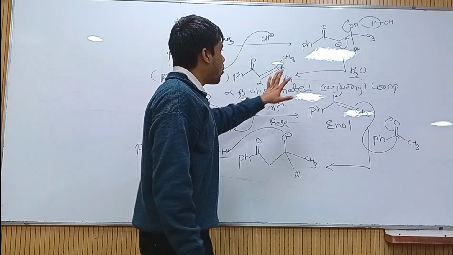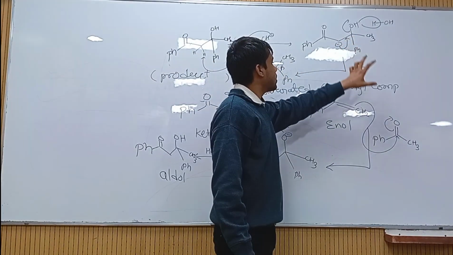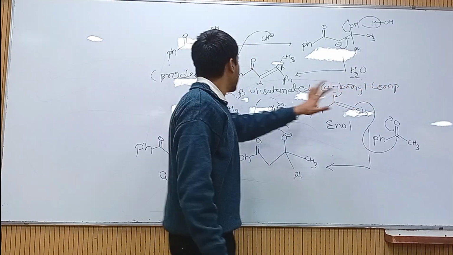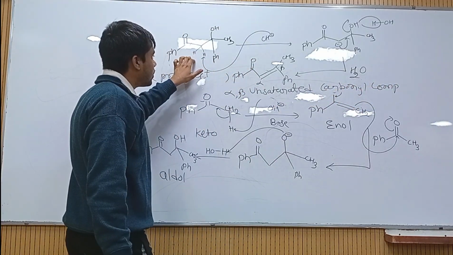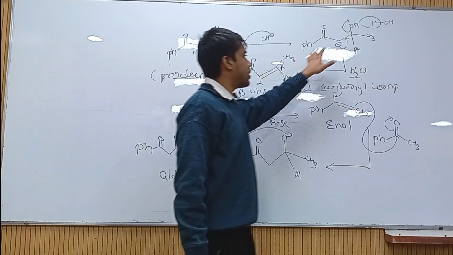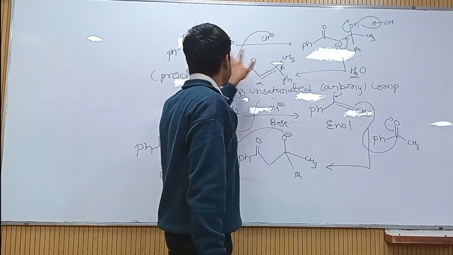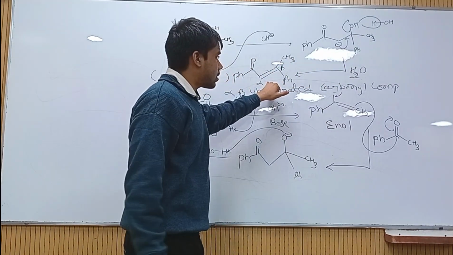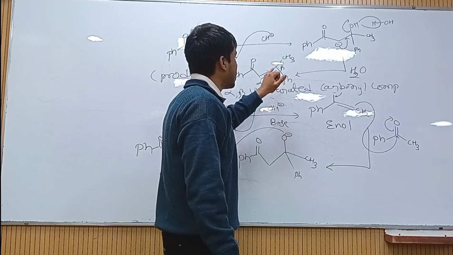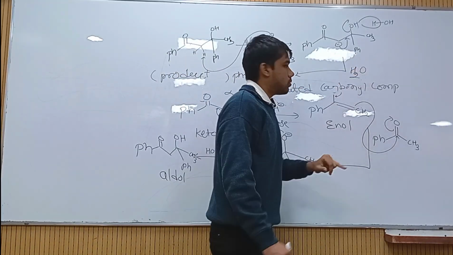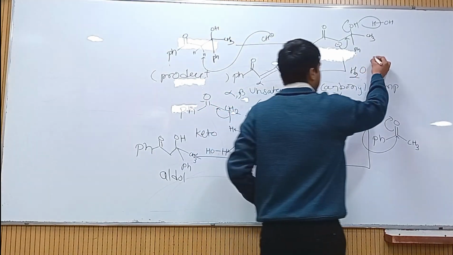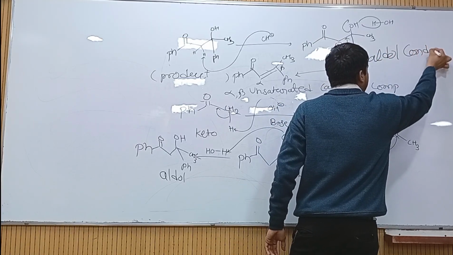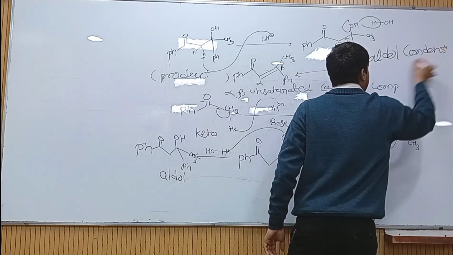Now what we call, when there is an elimination of water, we call it a condensation reaction. Okay, so this compound is aldol, and after the reaction when the OH minus takes this proton, it forms an alpha beta unsaturated carbonyl compound, and since the elimination of water is occurring, we will call it an aldol condensation reaction.